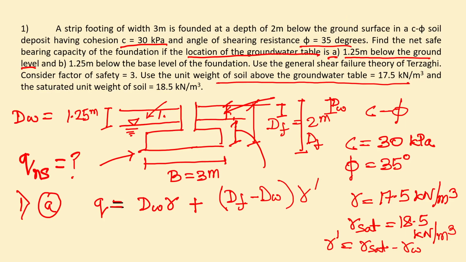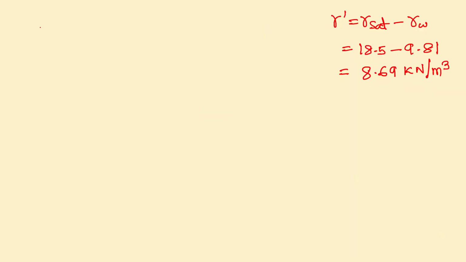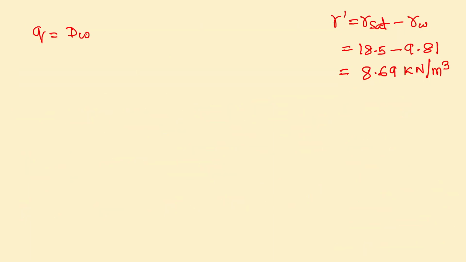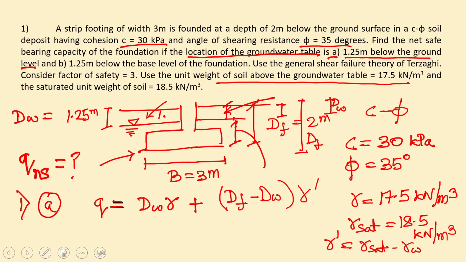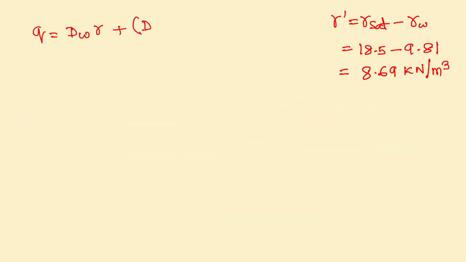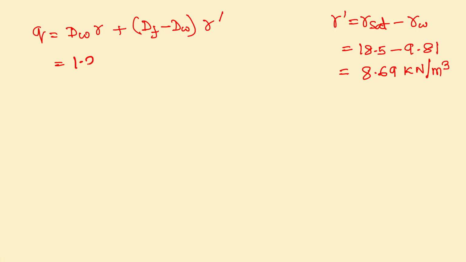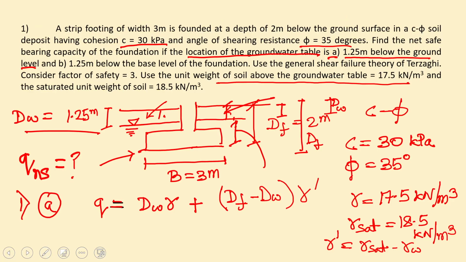So what is the effective surcharge at the depth Df? q equals dw gamma plus (Df minus dw) into gamma submerged. The depth dw is equal to 1.25. The unit weight of this portion is 17.5 above the groundwater table.